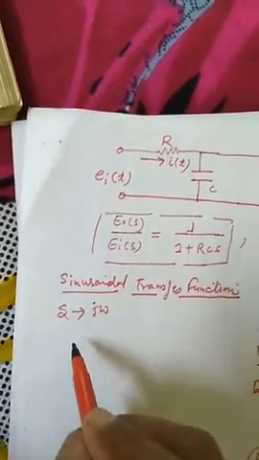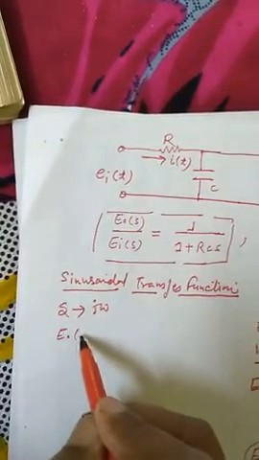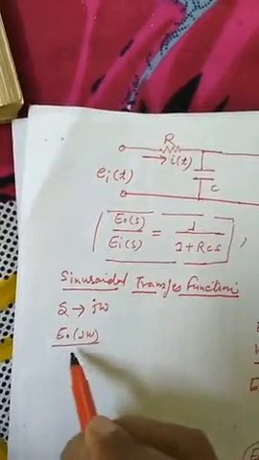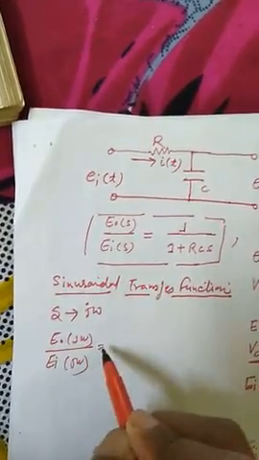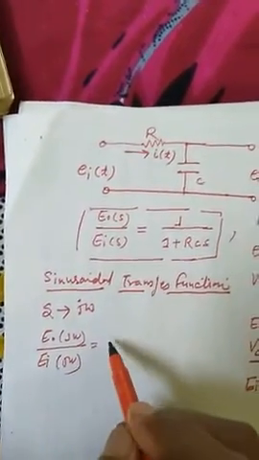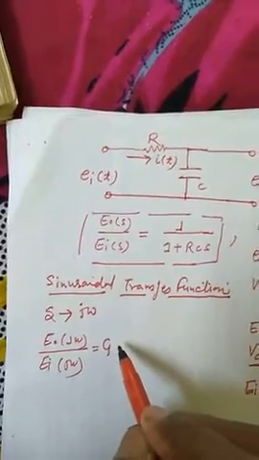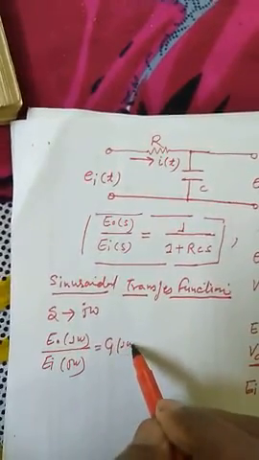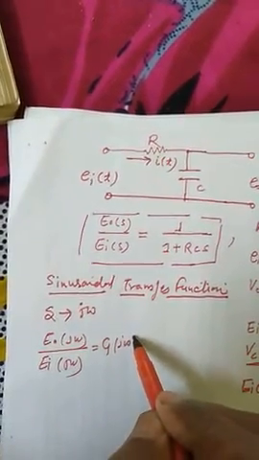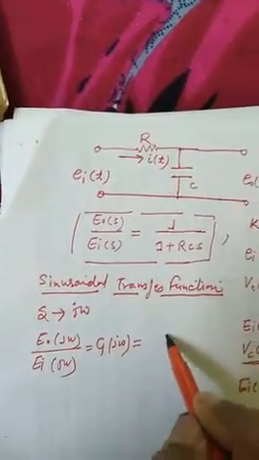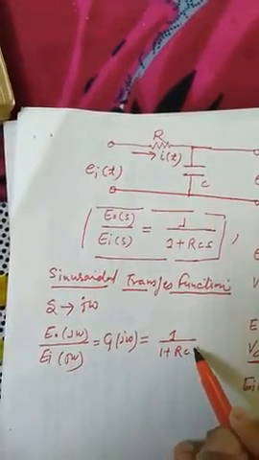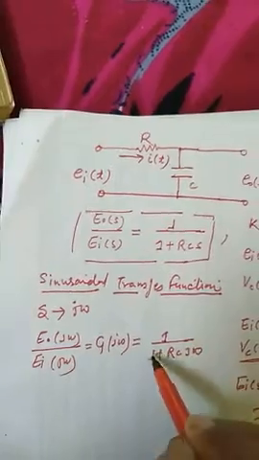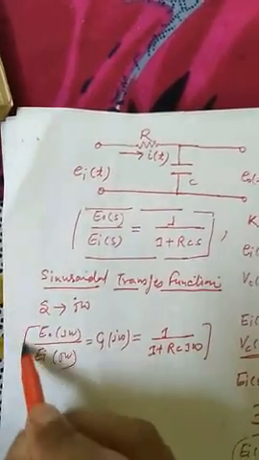So by applying this we get the transfer function in this form. Let this ratio be given by the letter G, indicating the transfer function. Then it will be 1 upon 1 plus RC j omega. So this is the sinusoidal transfer function.